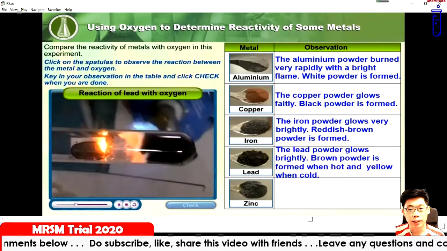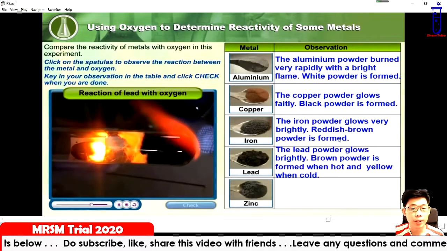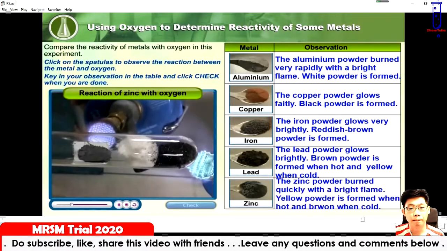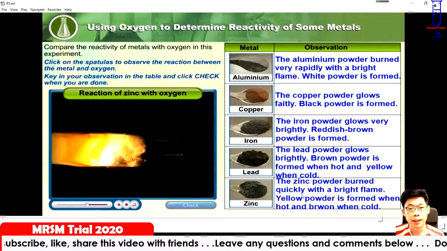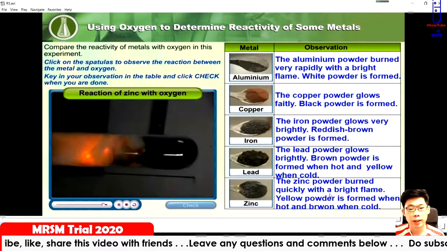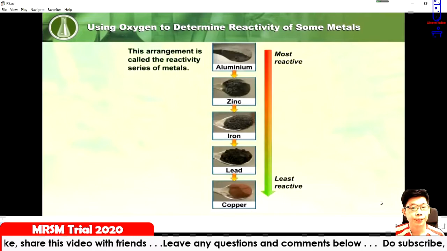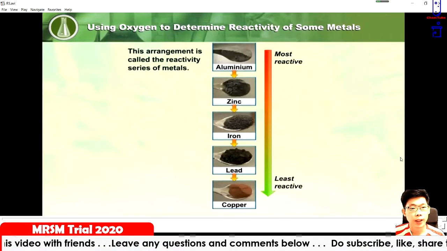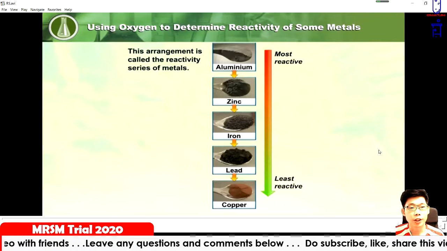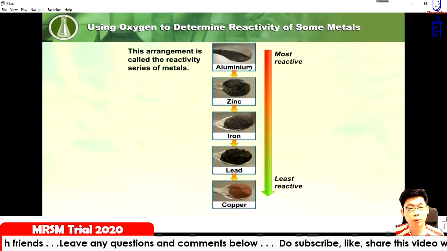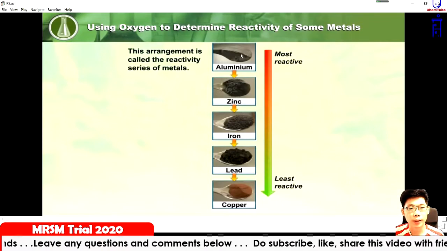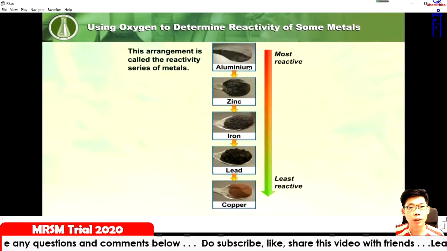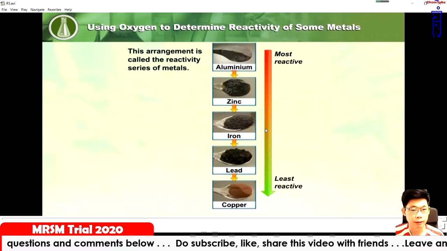If it burns, it is more reactive. For example, zinc can burn quickly. Based on the reaction of the metals with oxygen, we can arrange them into the reactivity series.